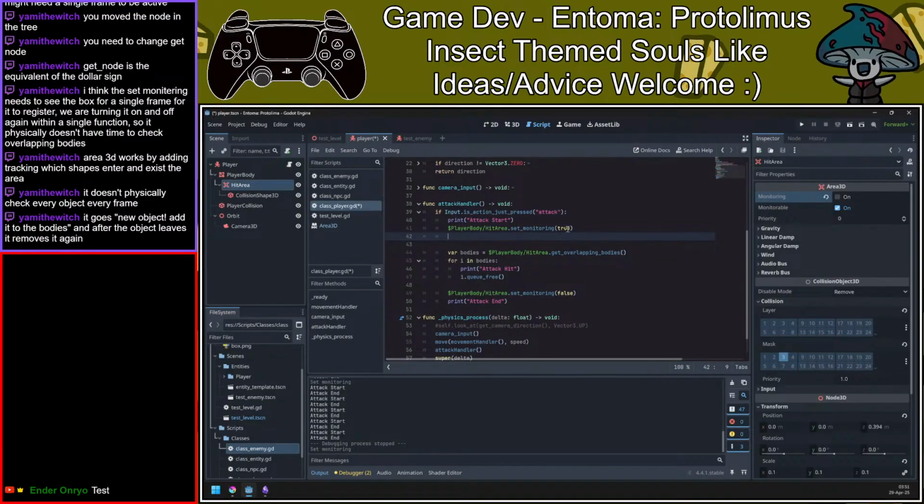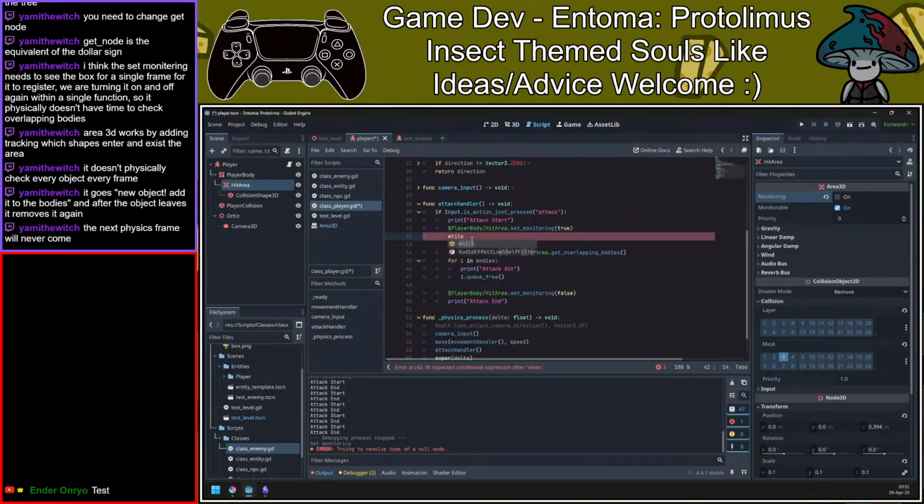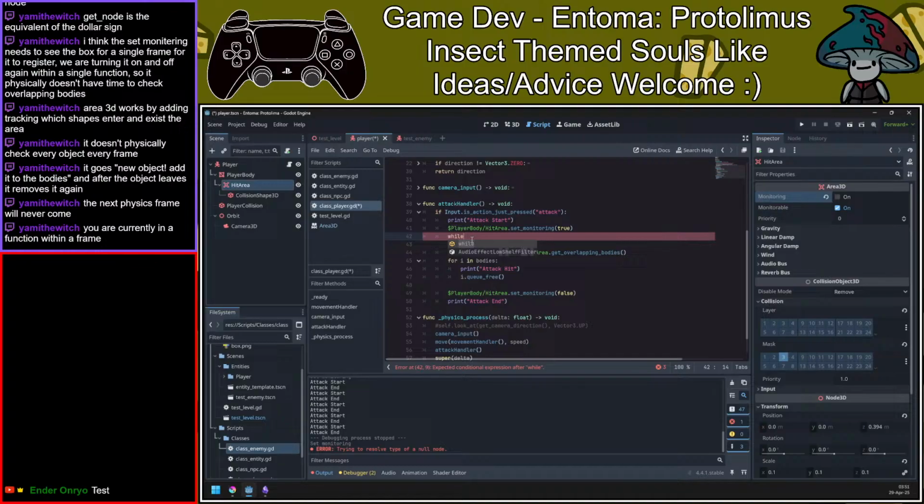I guess I can set it to true and then maybe do like a while loop to just wait until it actually finishes setting it to true. In a function within a frame.